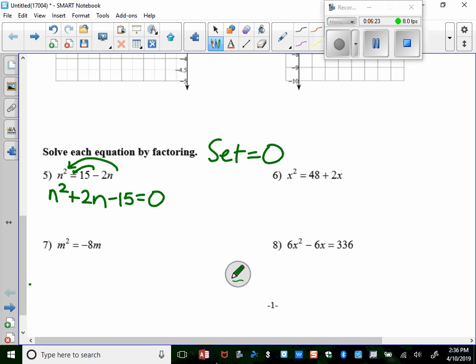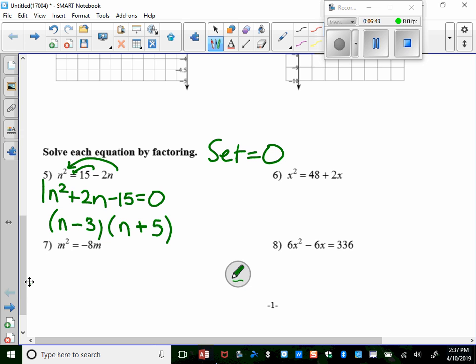Now, since this is a 1 here, I don't have to do that entire x method. I can just say 1 times what will give me -15 that equals to 2. Okay, negative what? -3 and positive 5. So it multiplies to give me -15, and it adds to give me a positive 2.